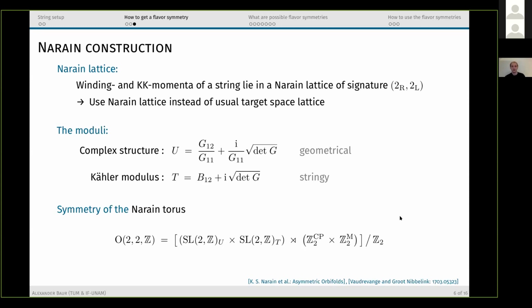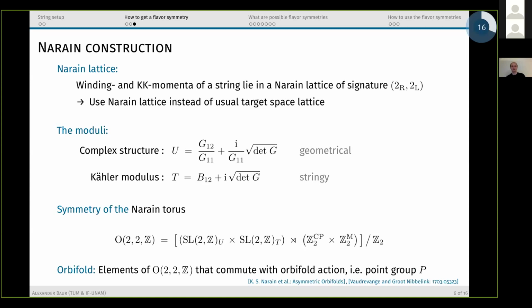Okay. Now, I'm always talking about tori and lattices. Now we want to do orbifolds. If we do an orbifold, we will take only those elements of this O(d,d,Z), so O(2,2,Z), that commute with the orbifold action, which would be the point group. So this group is further shrunk.